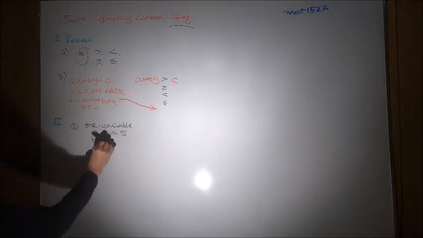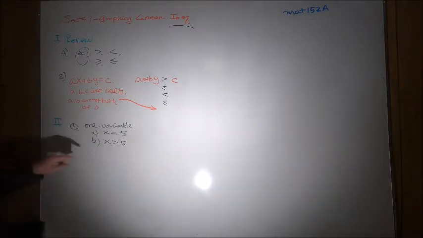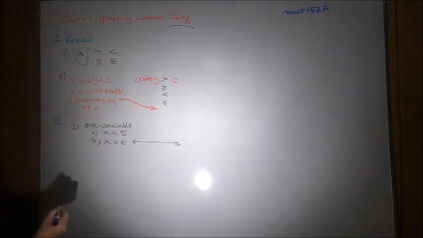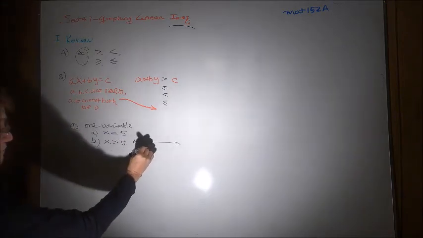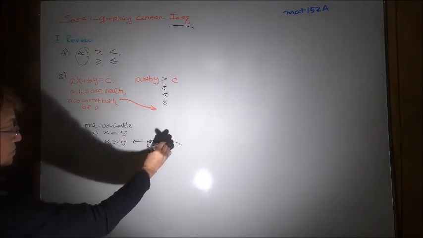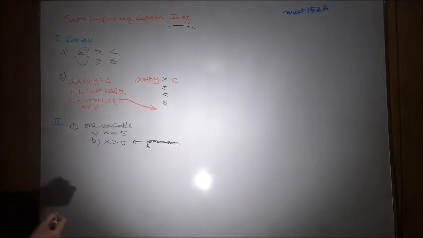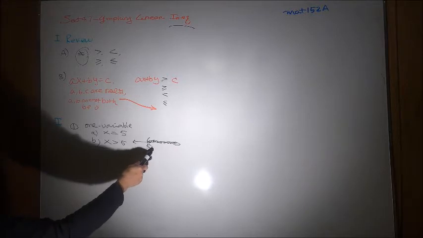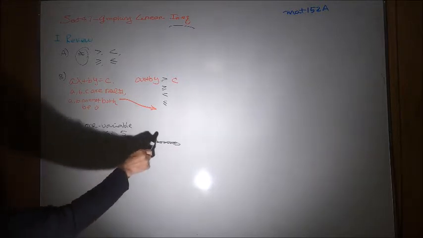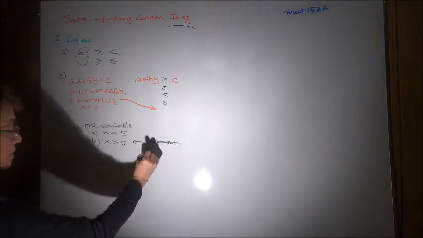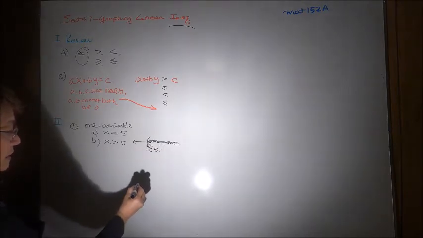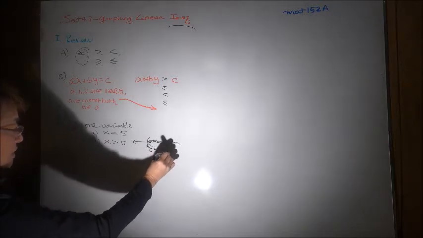Another one is if x is, say, bigger than 5 for inequality. So how many answers do you have? Infinite, right? Because that's 5, anything 6, 7, 8, all the way to infinity. So we cannot show the answer by just writing out. We have to show with what? Graphing or interval notations, right? So that will be to infinity.